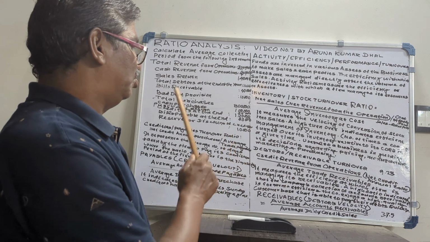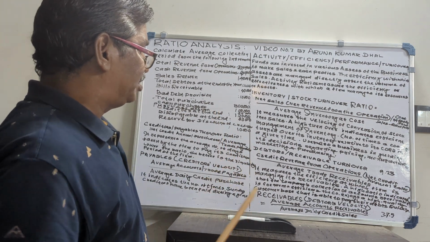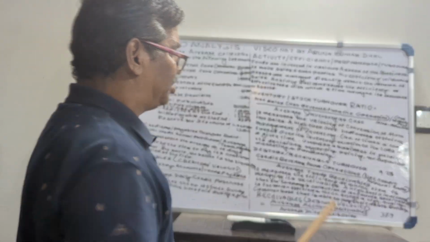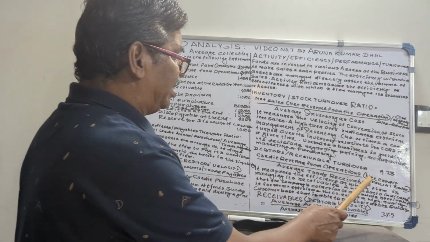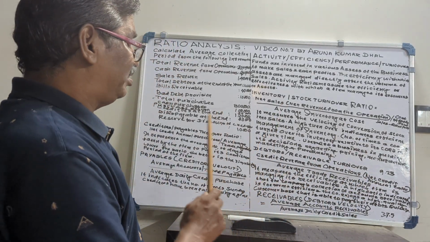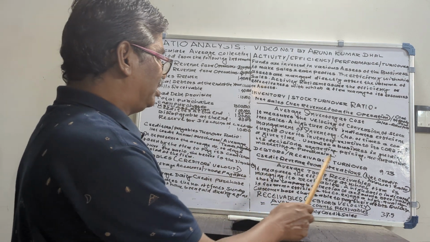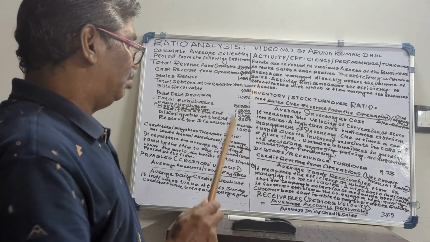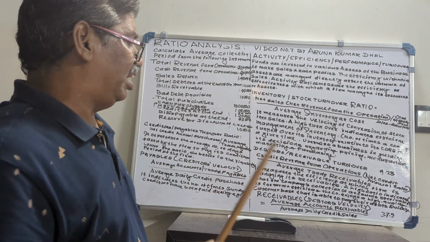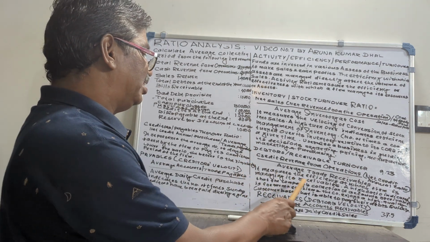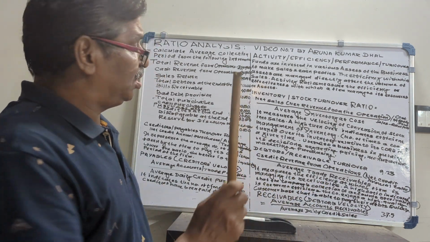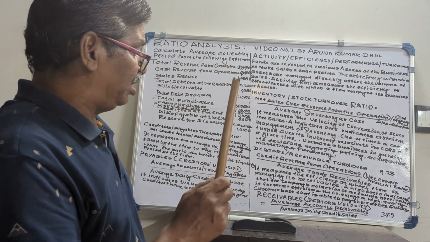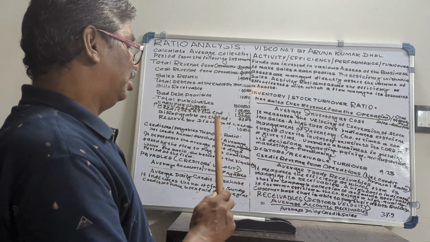Under this ratio, we calculate credit revenue from operations. That means net credit annual sales divided by average trade receivables. It measures the efficiency at which the firm is managing its receivables. So receivables include both sundry debtors and bills receivable.